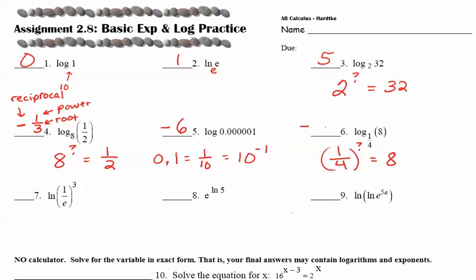And then if I did the square root, that would turn it into a 2. And then I would cube it to turn it into an 8. So stop and think about it again. If you start with 1/4, the negative is the reciprocal, 4. The denominator of 2 means square root, which would be 2, and then raise it to the 3rd power.